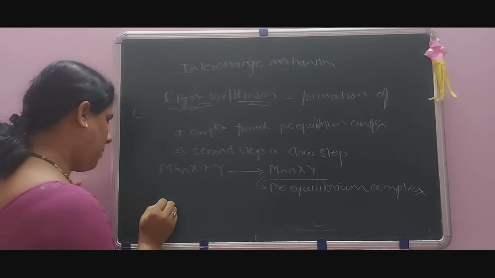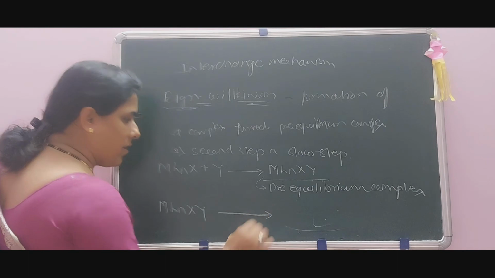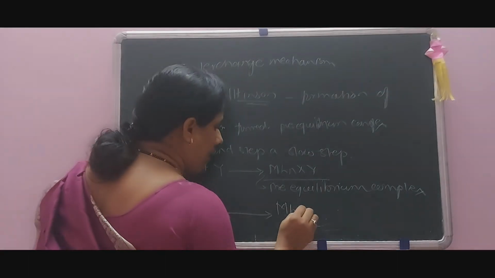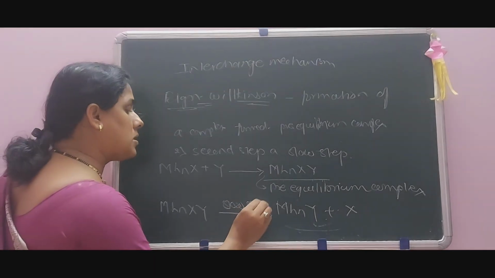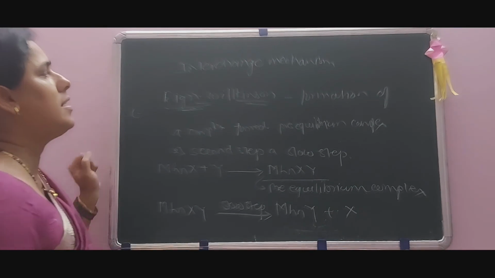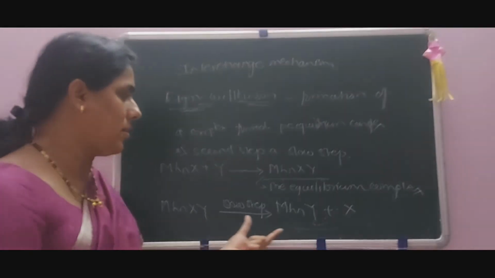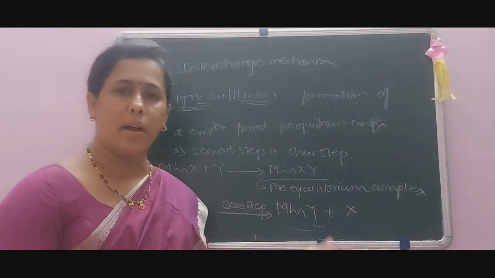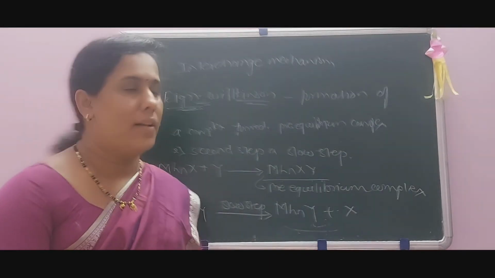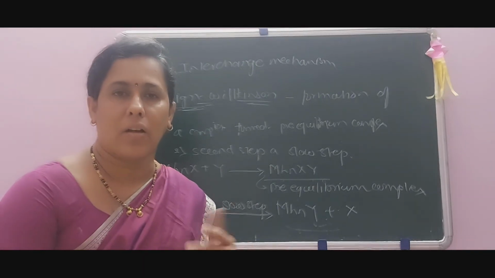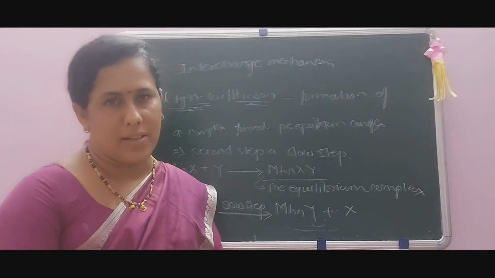Whatever the pre-equilibrium complex may be, it may be converted into M ln Y plus X, but this step is called the slow step according to Eigen and Wilkinson. Thus we have discussed the three mechanisms along with their revision, and the third mechanism, the interchange mechanism.